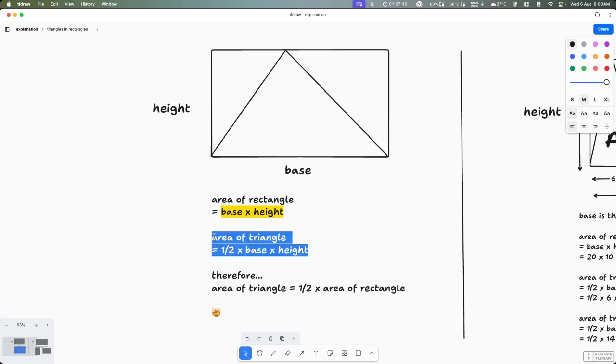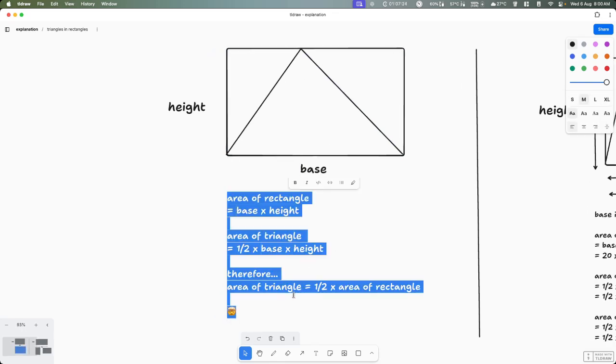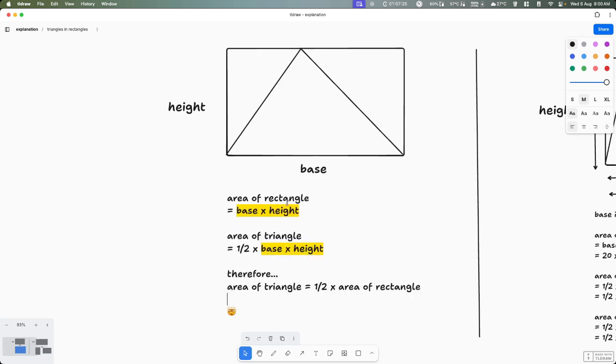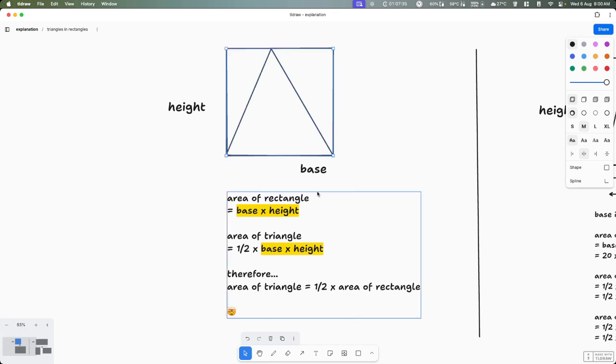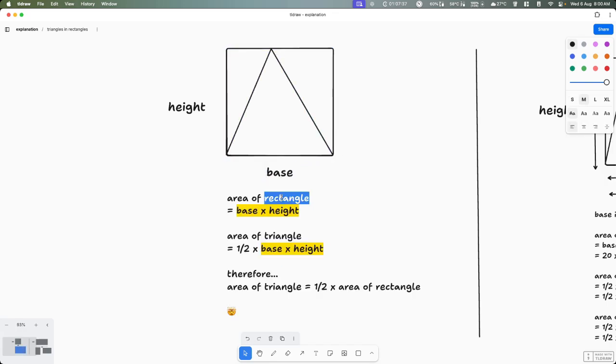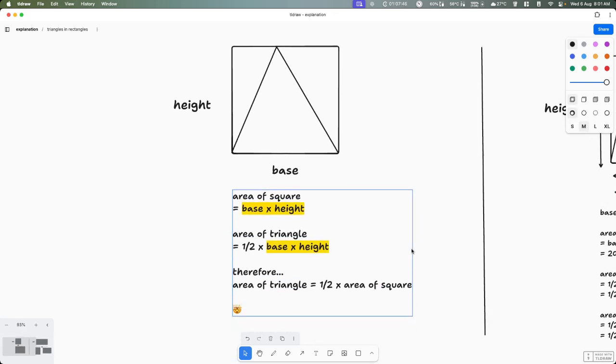So any triangle that has the same height and base as a rectangle or a square is just half of it. If I were to make this not a rectangle but a square, it doesn't really affect that much. So the area of a triangle is half times base times height. Now you might be thinking, what if?